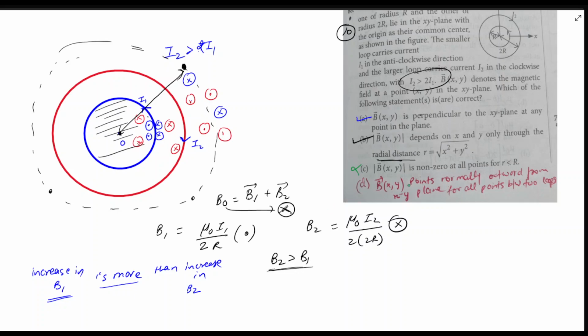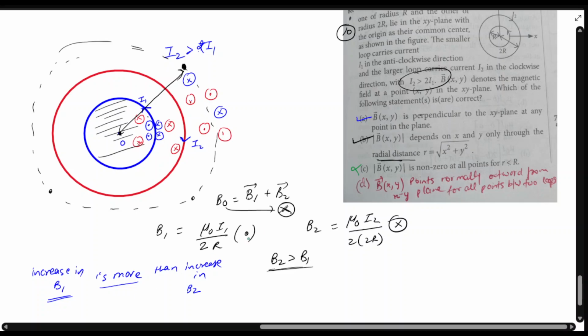Now for D: magnetic field at all points is normally outward from the xy plane for all the points between two loops. Okay, so what is it saying? So this option is wrong.